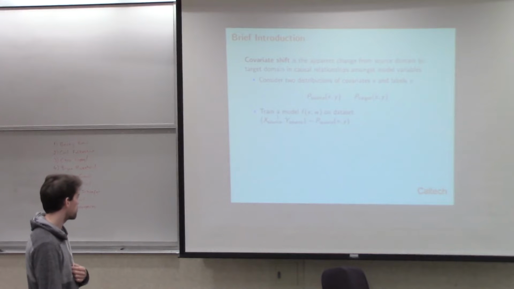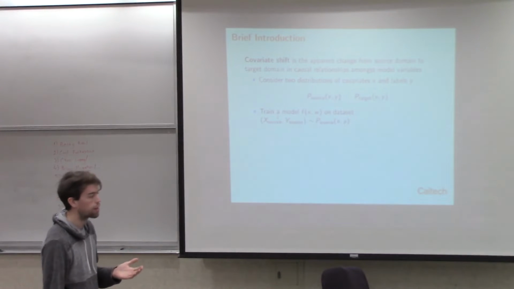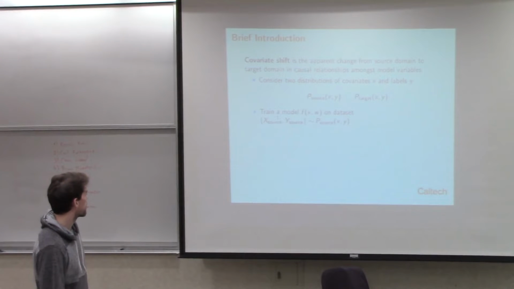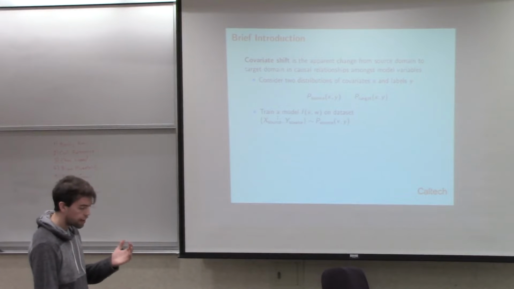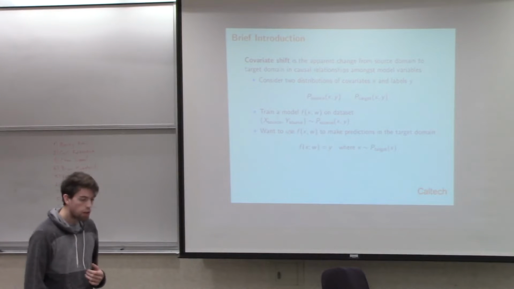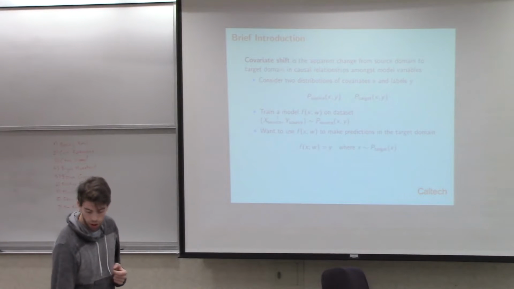We train a model, which we notate with f of x parameterized by w, so a linear classifier or something. We're training it in a supervised fashion from data sampled from our source distribution. And we want to use it to make predictions in the target domain.